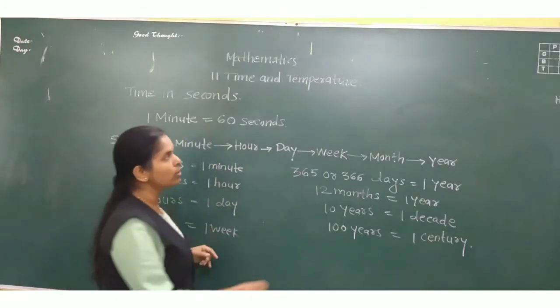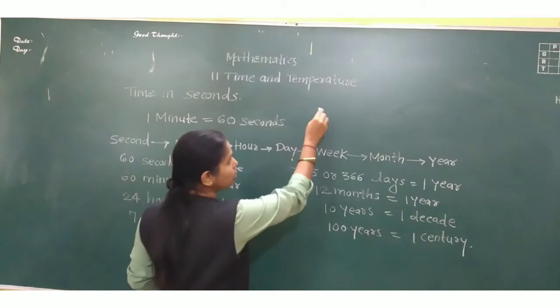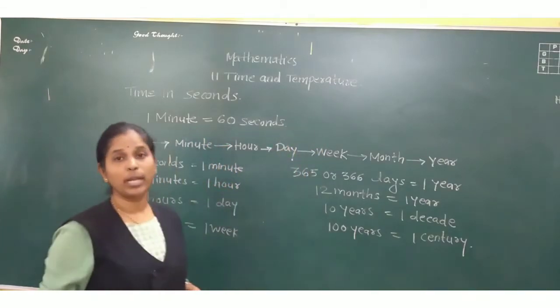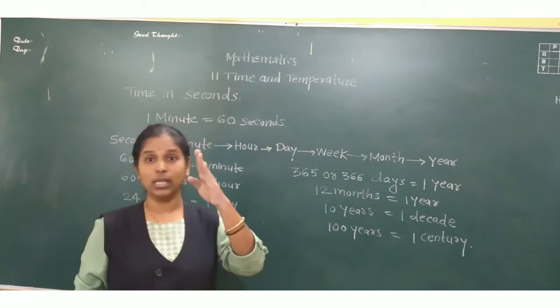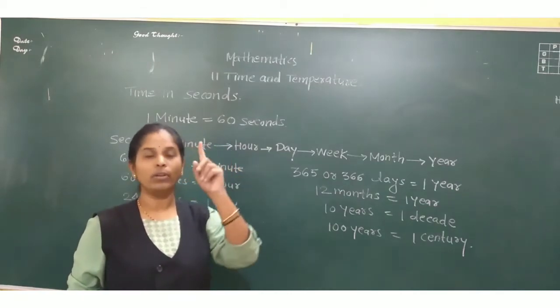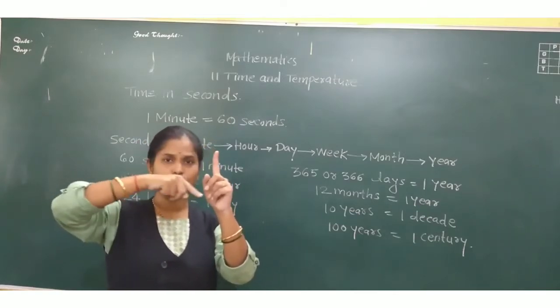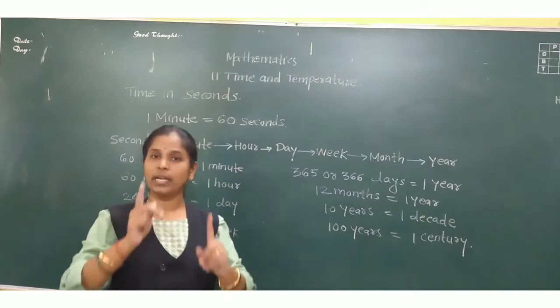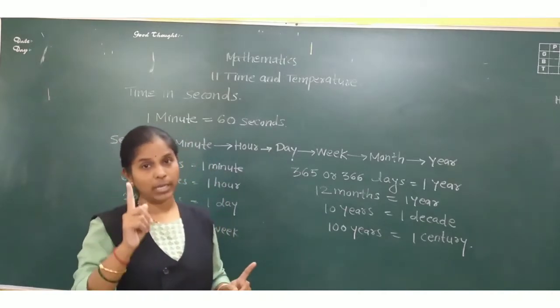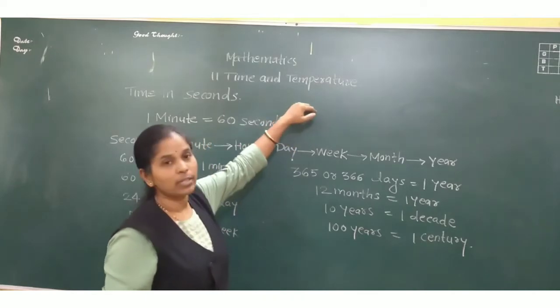See, in a clock, when this second hand completes one round, that means it completed 1 minute. How many seconds are there in 1 minute?